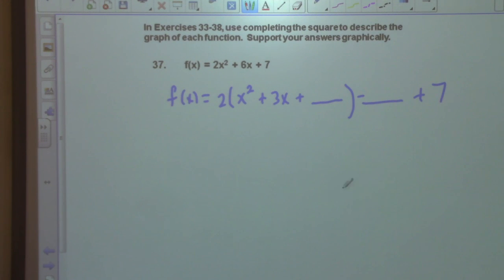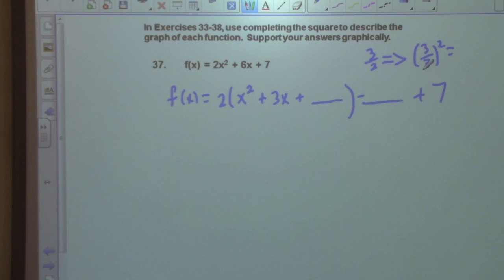Great. Well, how do we find out what this is here? Divide. So 3 divided by 2, and we go ahead and take 3 over 2 squared, and what is that? 9 over 4. Okay, Justin says 9/4.